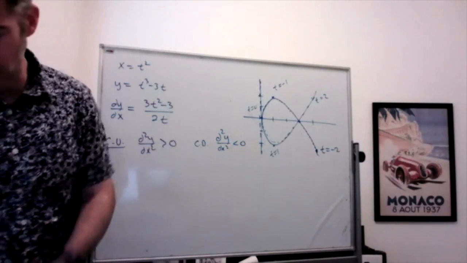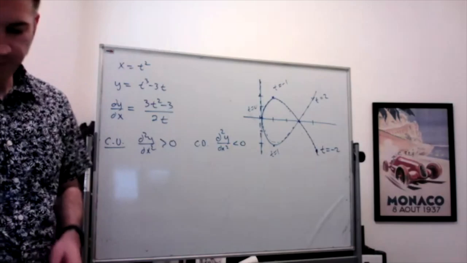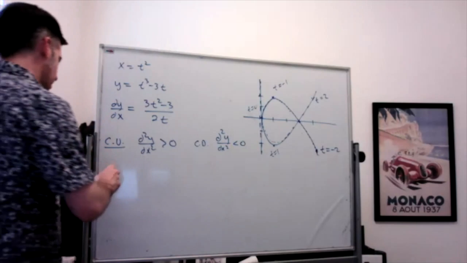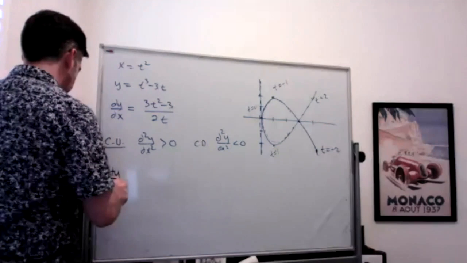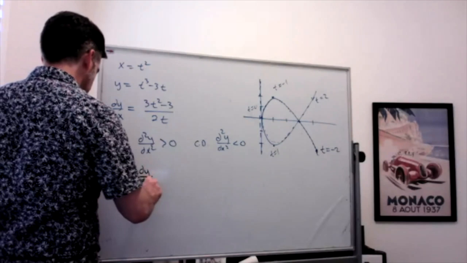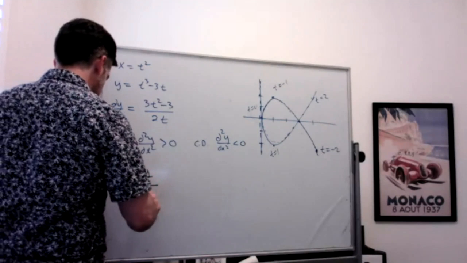Okay, but how do we find the second derivative? Well, it's a little bit tricky. I'm going to do it this way. So we know that dy/dx is equal to dy/dt divided by dx/dt.